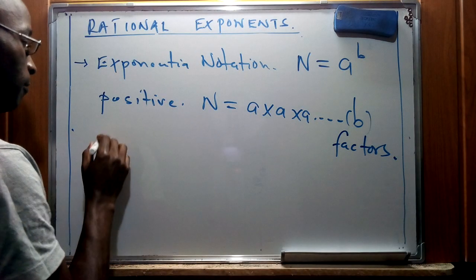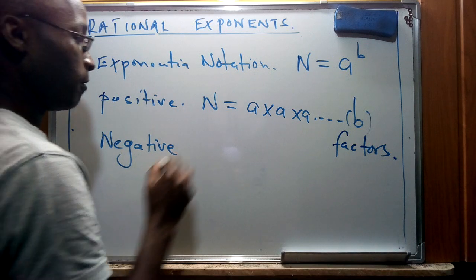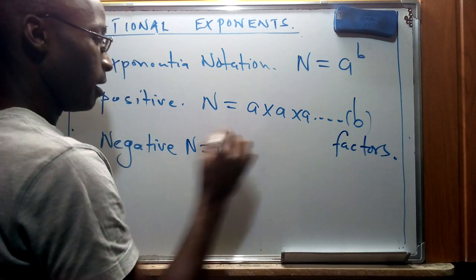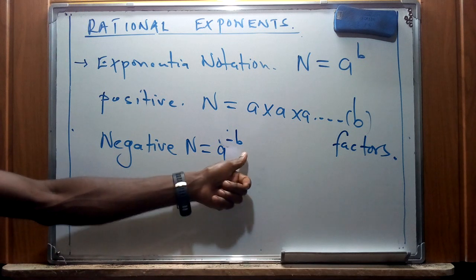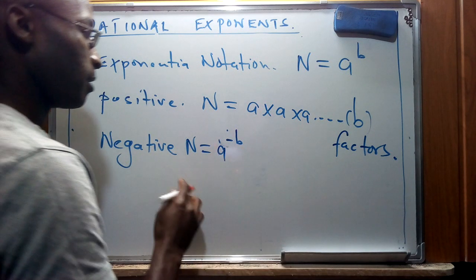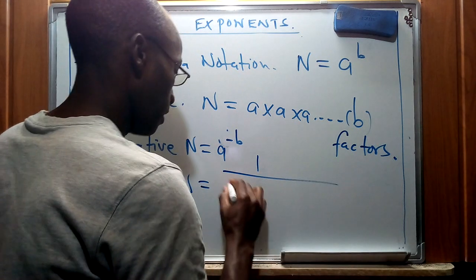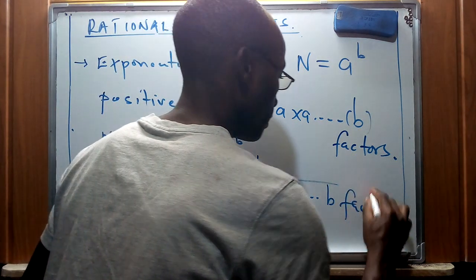Next, if b is a negative integer, then n is a product of base a raised to the power negative b, which we said is a negative integral exponent that represents a multiplicative inverse, whereby n is represented as an inverse of a which has been multiplied by b factors.